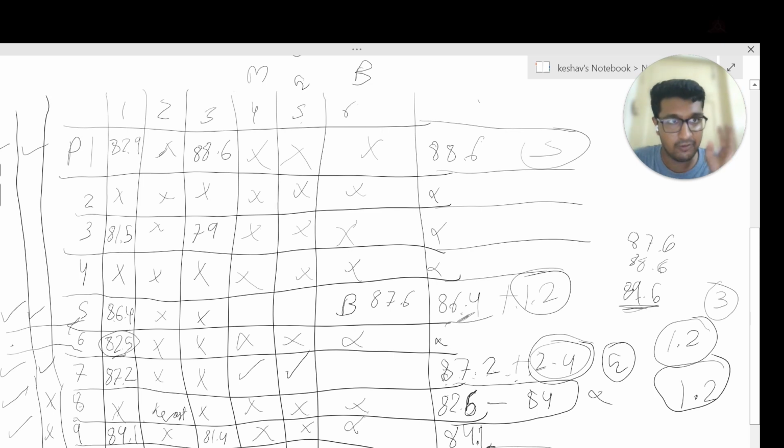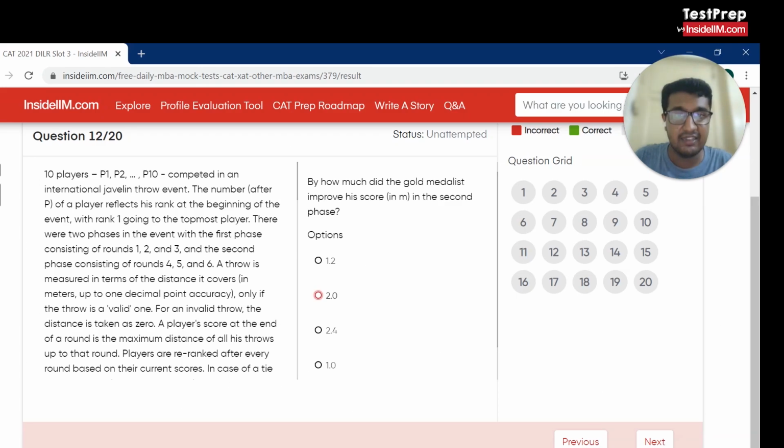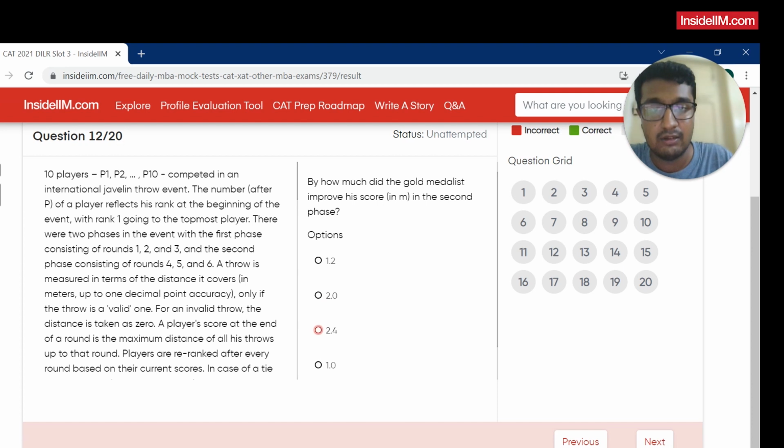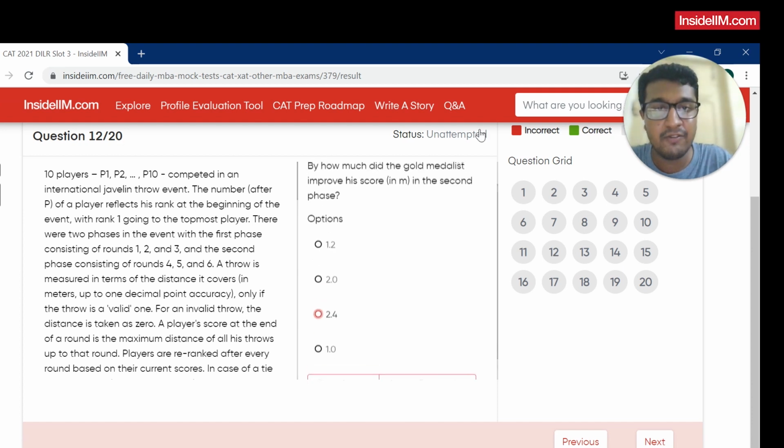So that's a lot of assumptions, but some logical, as this question was the toughest one. I am again telling you, even if you would have left it, that still would have gotten you like 99 plus percentile. Okay, so my answer is 2.4 in this question, as they asked how much did the gold medalist improve his score in the second phase.